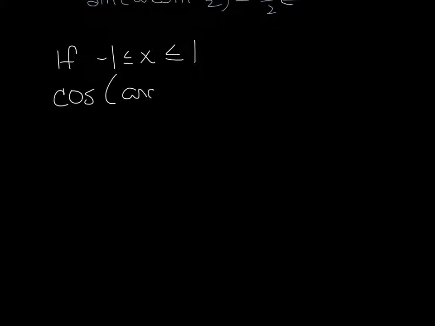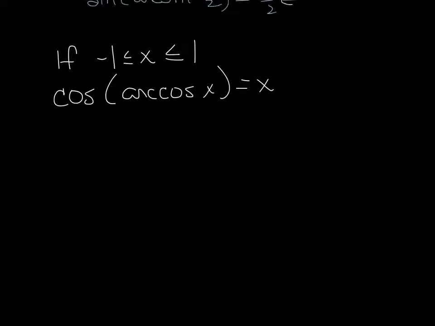And let's look at another restriction. If, again, negative 1 is less than or equal to x, is less than or equal to 1, and we take the cosine of the arc cosine of x, as long as x is between negative 1 and 1, we get x.